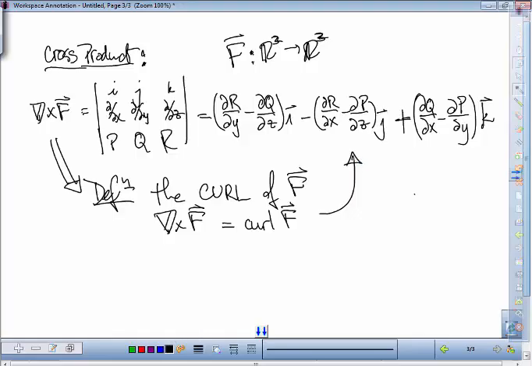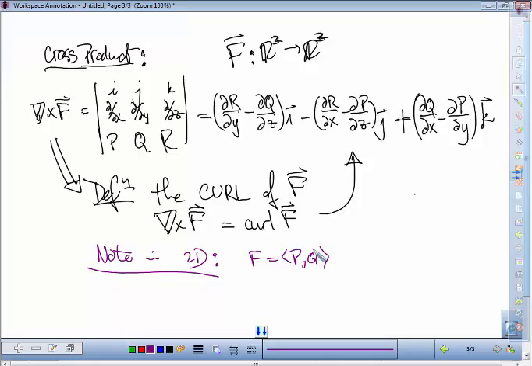Let's look at it in 2 dimensions. If your F is just P and Q, it's a 2-dimensional vector, and imagine we're going to cross two 2-dimensional things. And I guess I should have squeezed in x and y.